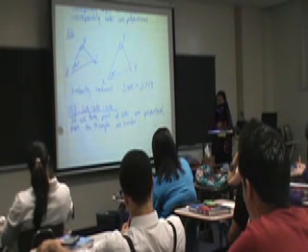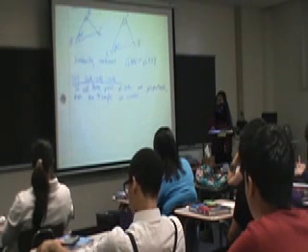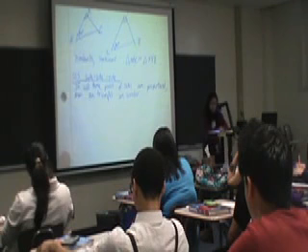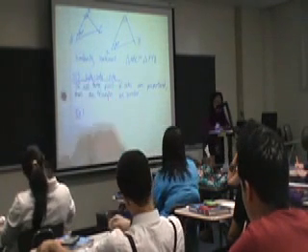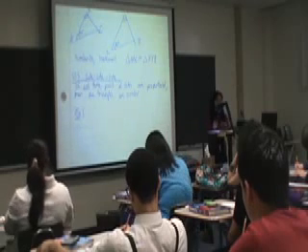Okay. So I'm going to move this up. I'll let you copy that down. And then we're going to look at an example here. They're going to ask you if two triangles are similar.